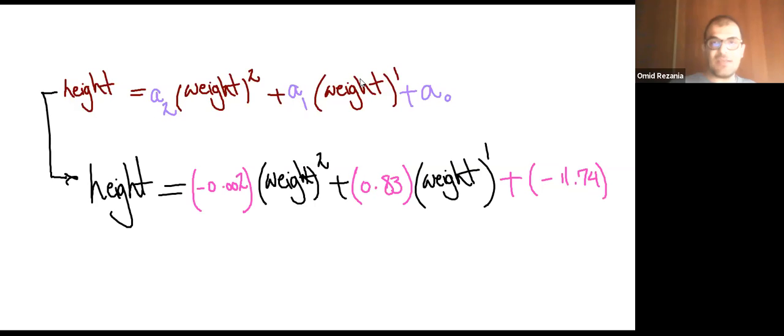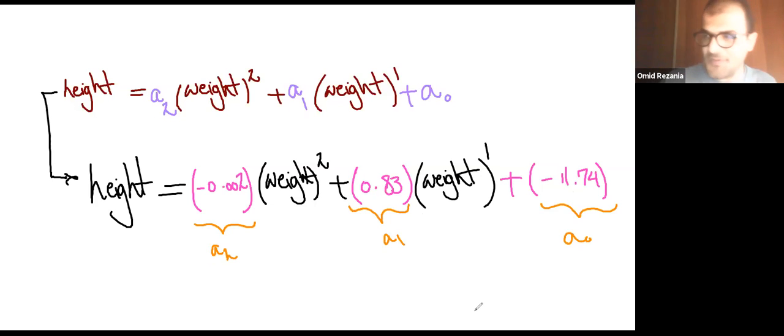You see that this one represents my A2. This one represents my A1. This one represents my A0. Now we were able to make an inference and estimate, based on the ordinary least squares method that we talked about yesterday, the values for these ones.